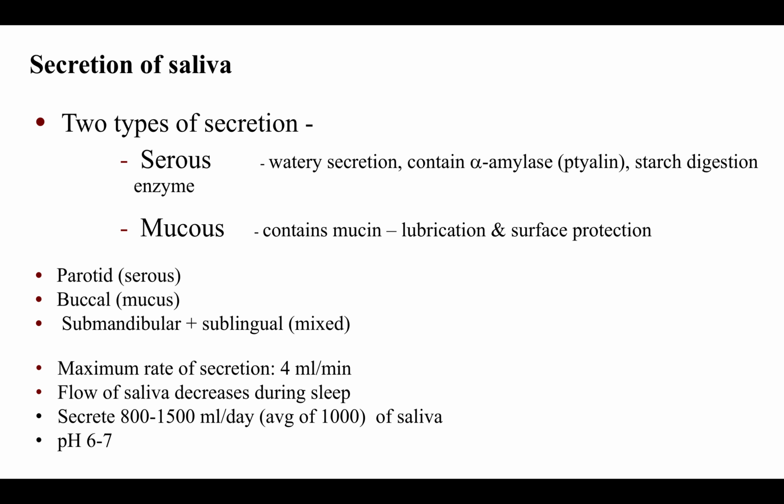The pH of the saliva is 6 to 7, and this pH is really important for the work of the enzyme alpha amylase. So any pH below or above this level would result in improper work of this enzyme, so no starch digestion will take place properly.